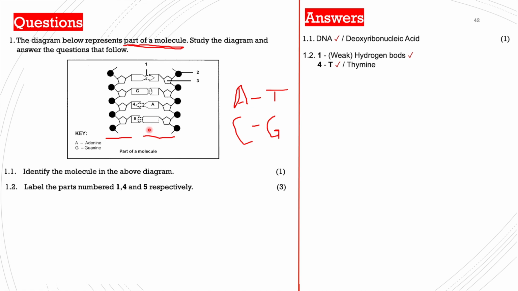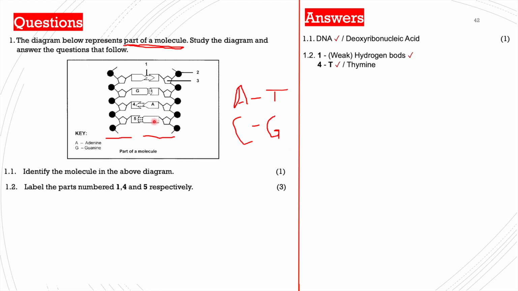Now let us find a shape of a nitrogenous base that is similar to that shape over there. So this shape and that shape is the same. So if the nitrogenous base having this shape is G, it is guanine.